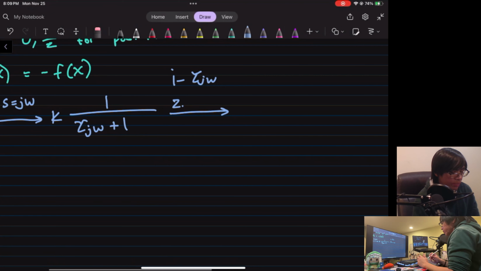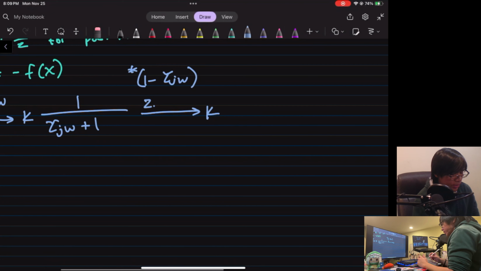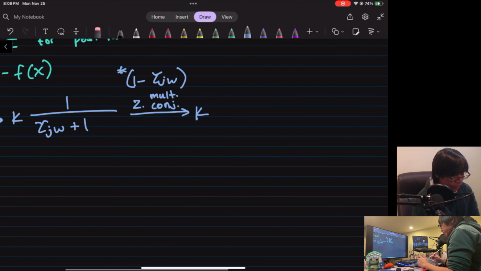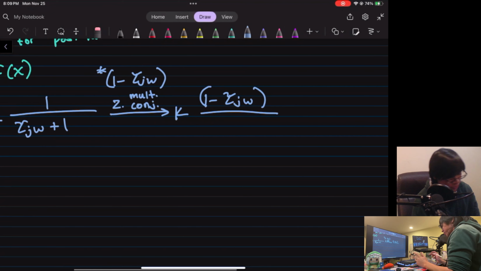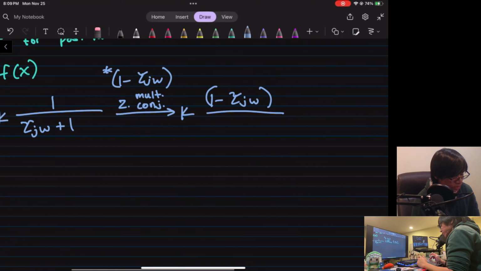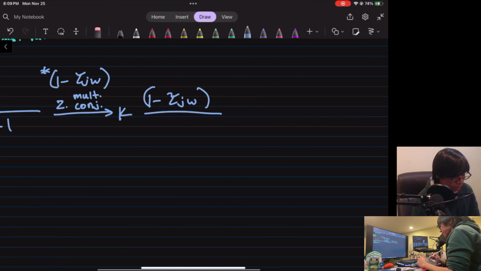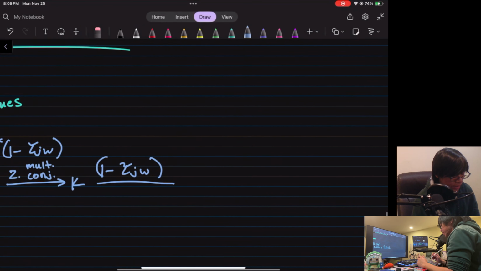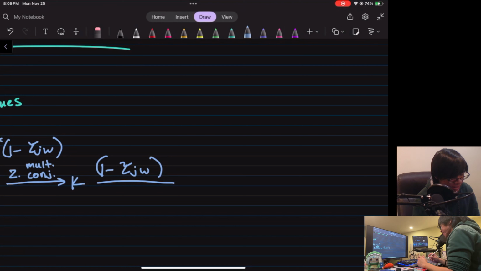So if we multiply by 1 minus tau j omega, the conjugate, we have k times 1 minus tau j omega up top, and the denominator we multiply as well, since it's equivalent to multiplying by 1. We multiply across all terms, and this follows the same format. If you remember the box method, we have a plus b and a minus b.